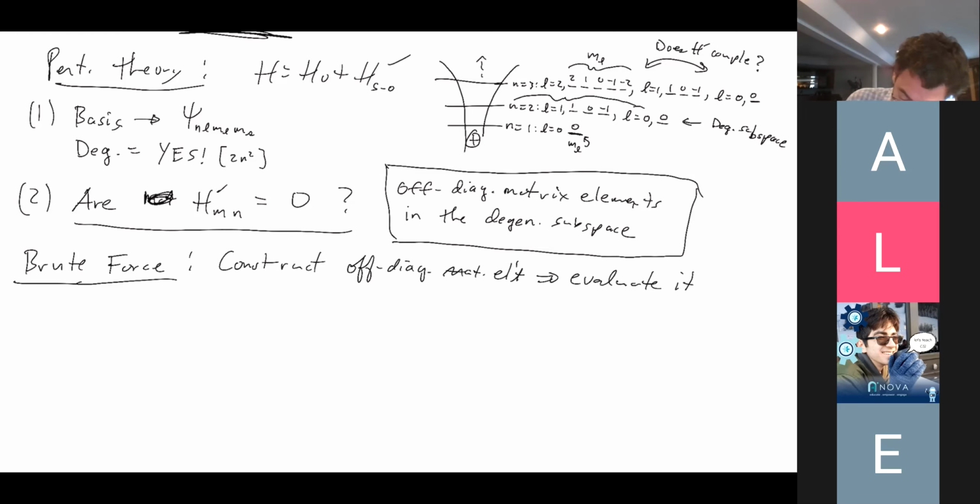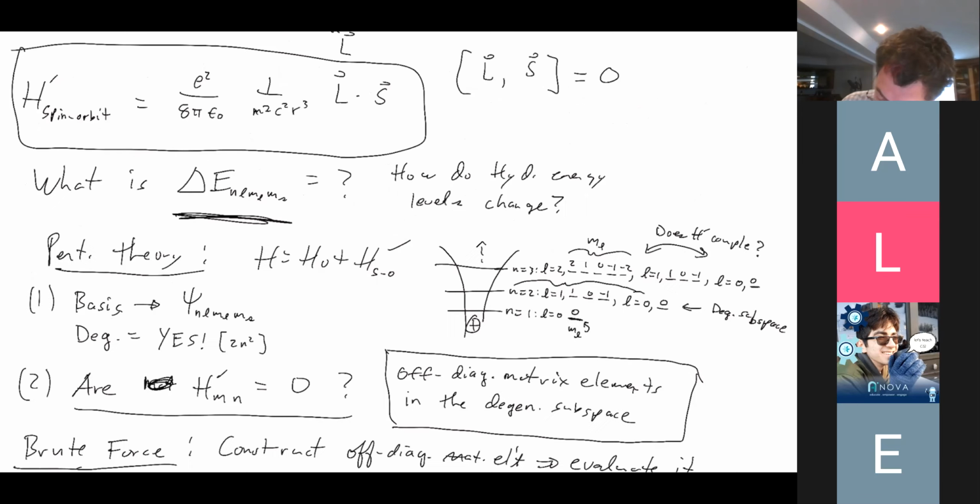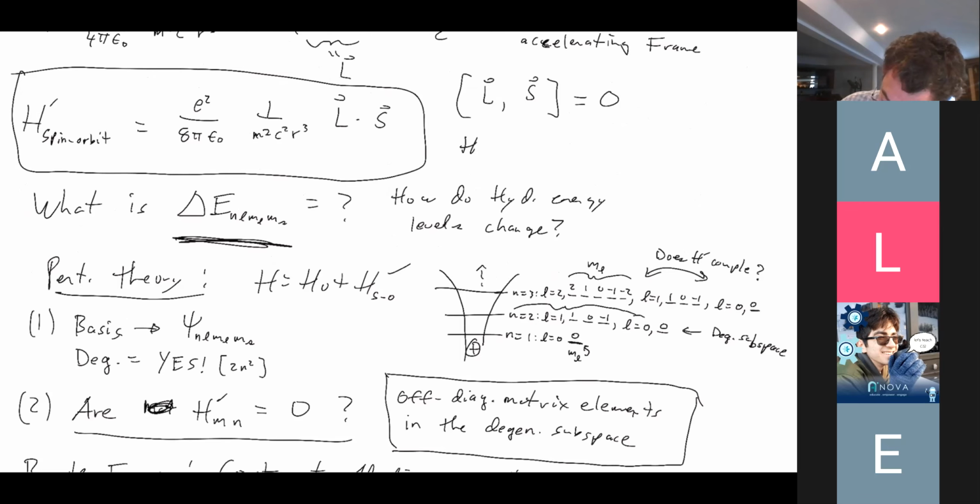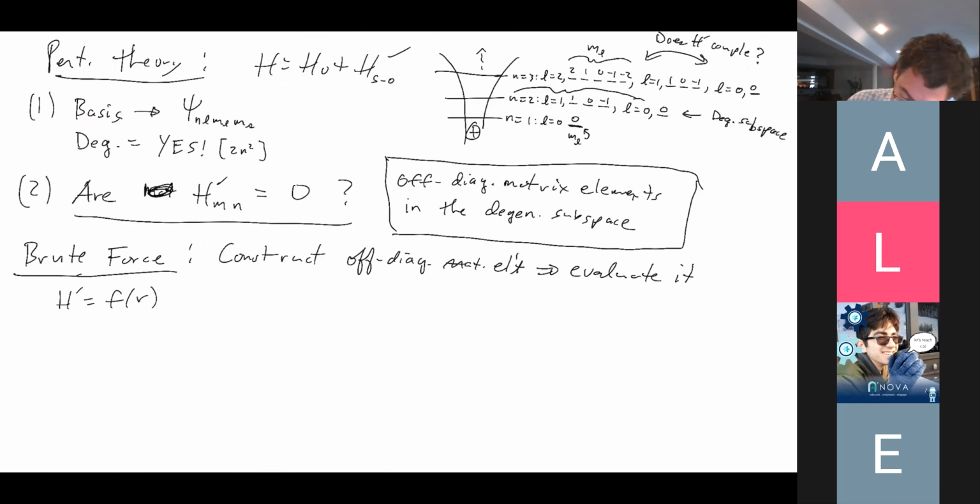And so let's write our perturbation. Where did I put our perturbation? Here it is. There's H prime. So this prefactor is a function of R. So I'll just write it as a function of R so I have less writing to do.